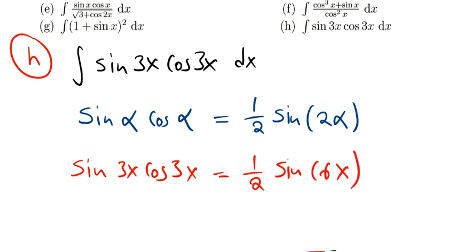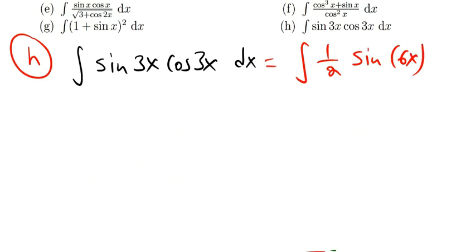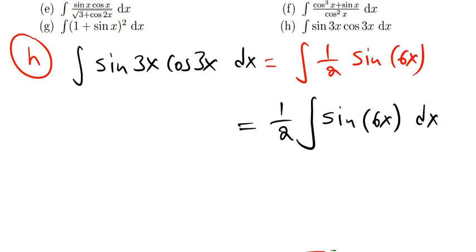So that is the same as the integral of 1 over 2 sine 6x, which is simple and straightforward for us. And we can pull out the constant 1 over 2, so that we remain with the integral of sine 6x, of course in respect to x.